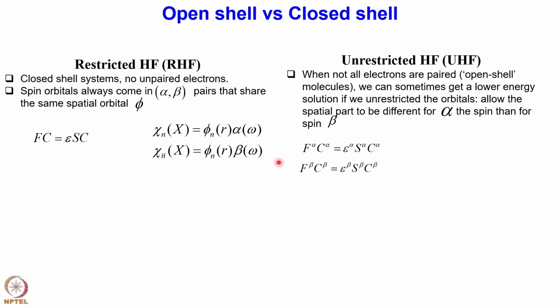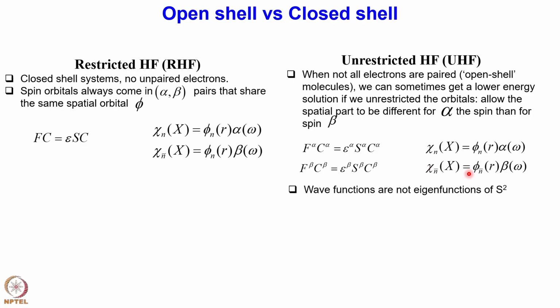So, I get two sets of orbitals, one alpha and one beta, and similarly for the total spin wave function, the spin orbital chi which comes from the alpha orbital has a different spatial part than the spin orbital for the beta wave function. Remember, the single bar always denotes the beta electrons, whereas the unbarred one denotes the alpha electron. That is the convention.